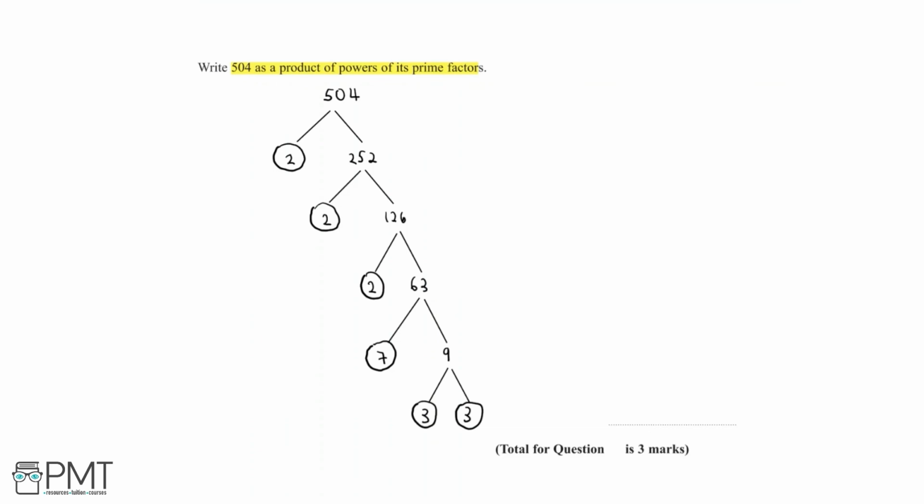Now we'll cross our prime numbers off as we go along. And so we'll say 504 is equal to 2 multiplied by 2, multiplied by 2 again, multiplied by 7, multiplied by 3, and finally multiplied by 3 again. We can now simplify our answer.